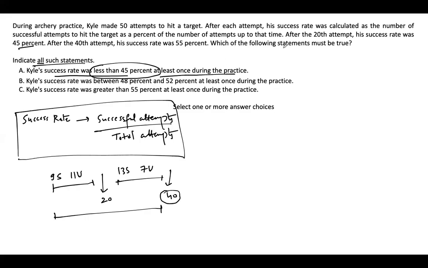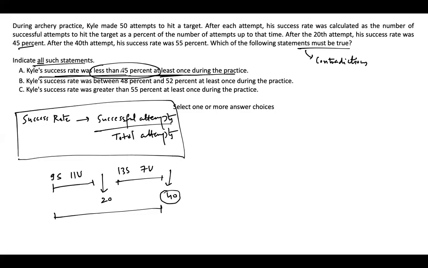Whenever there is a must be true question, you should look for contradictions rather than thinking that this happened. Can you think of a case wherein this never happened? Is it possible that this never happened? Yes, it is possible. Tell me how.